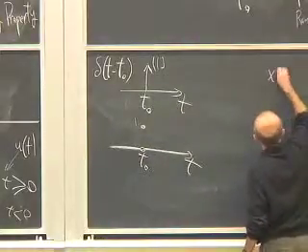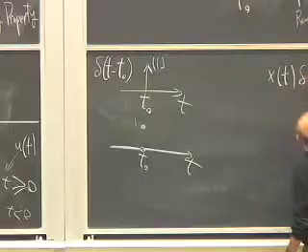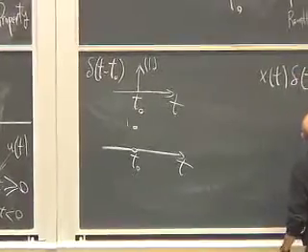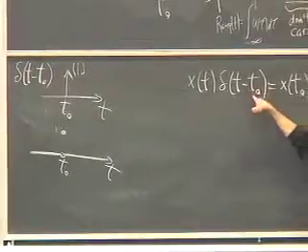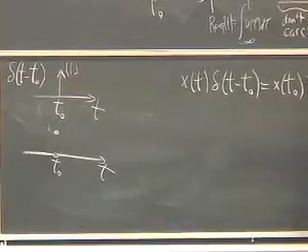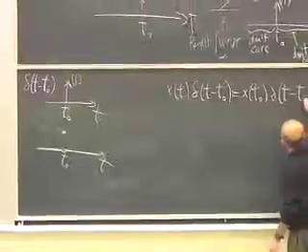It's got a sampling property. So when you multiply it by a function that's continuous at the location where it's active, you get a scaled impulse.